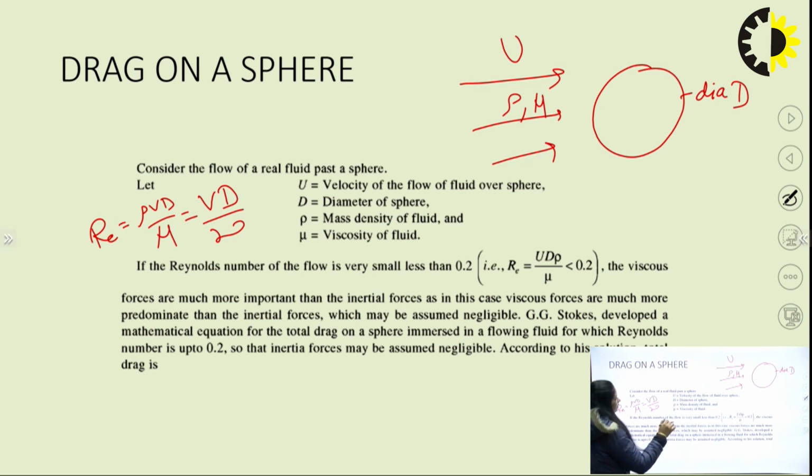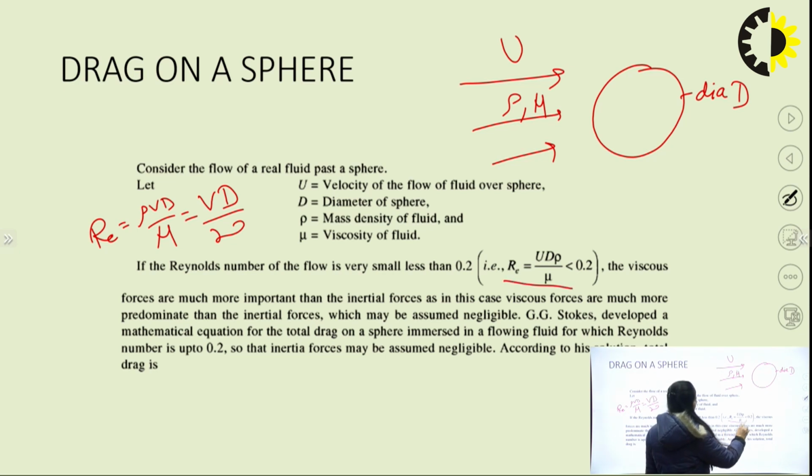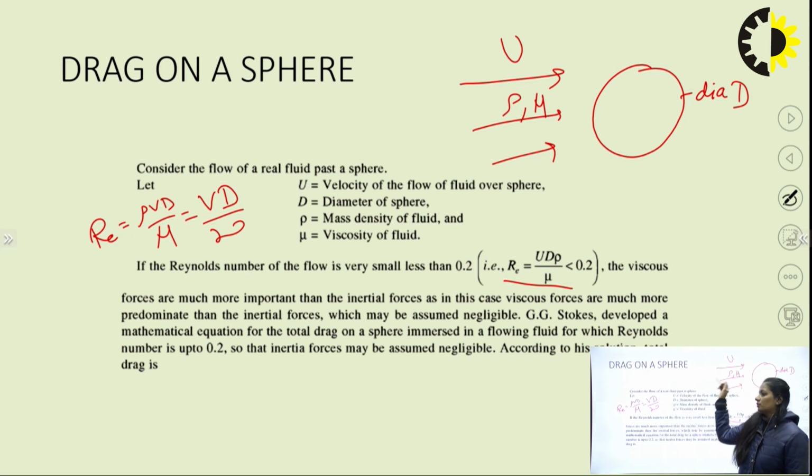Here it is also written as rho U d by mu, where U is the velocity of these streamlines.